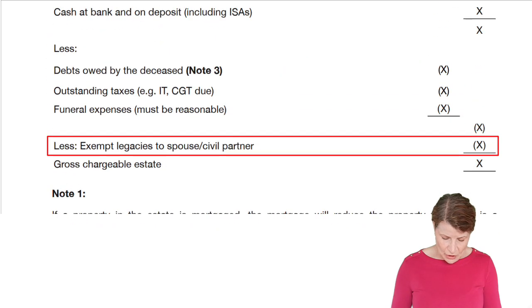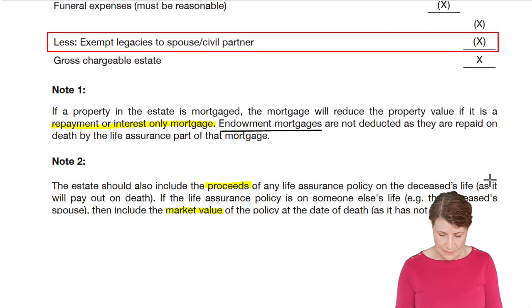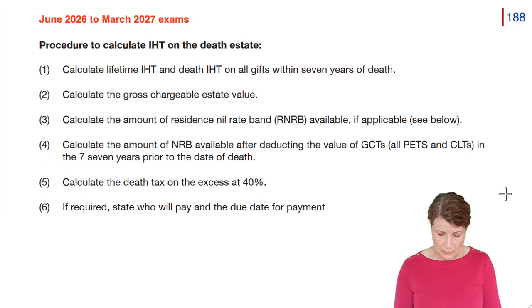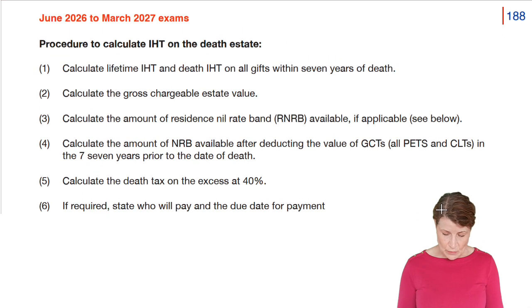So once we've got to our death estate and we've got to our gross chargeable estate figure, then we need to calculate the tax. So once again, just to go over step by step, the first thing that we do, of course, is we deal with our lifetime gifts. Then we have a look at our death estate, and the death estate then takes over any remainder of our nil rate band, like we saw in that D example.